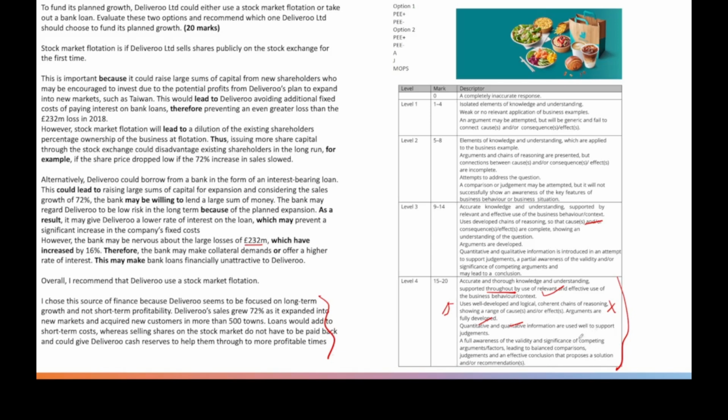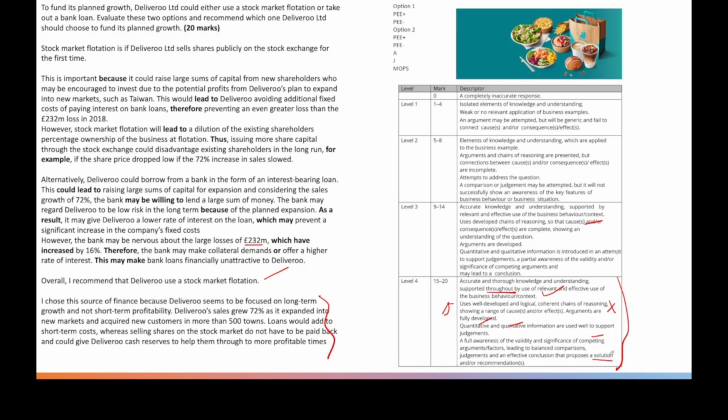Okay, so I would say that we have had that awareness of these competing arguments. We've got comparisons throughout. That's why we have pros and cons. We've made an overall judgment. Yeah, well, there's the judgment, and then we've justified it to do with obviously the solution, which is to have an IPO.